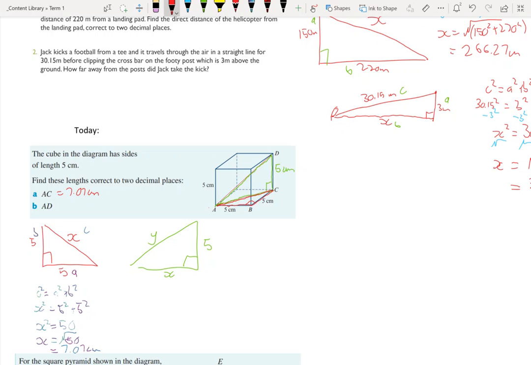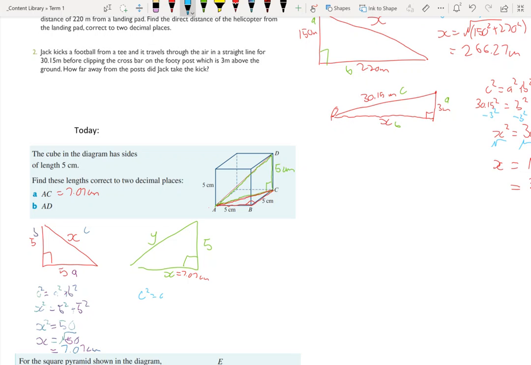Okay, if we look at the second triangle, side Y is that side A to D. So that side there matches up with that side there. And we know from the previous triangle that X equals 7.07 centimeters. So I might use blue this time. Just keep it original.